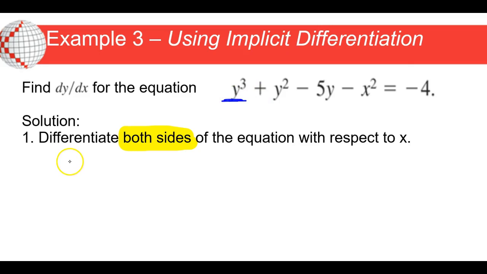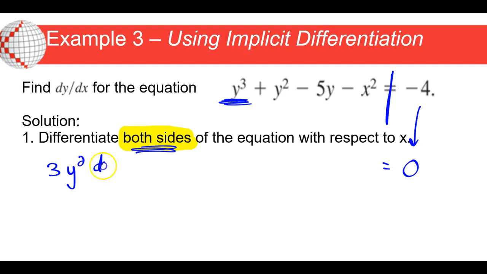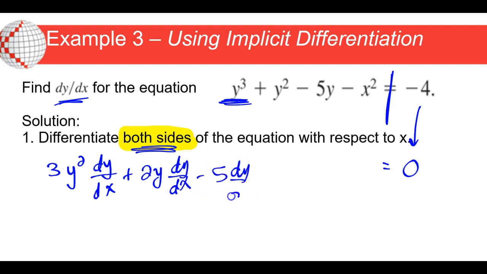The derivative of this guy, well, we've got both sides, so that's easy. The derivative of this side is just a 0, but don't forget about him. This guy is 3y squared, but you took it with respect to x, so dy/dx, plus 2y dy/dx minus 5 dy/dx, minus 2x, and I've already got equals 0.